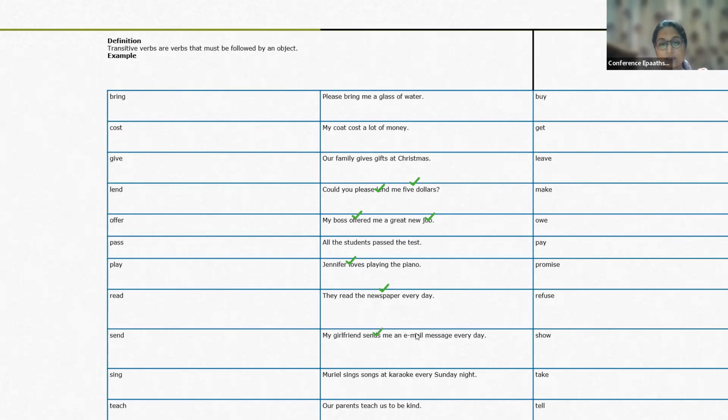Sends what? An email message. So this is the object. Sing. Muriel sings songs at karaoke every Sunday night. Sings what? Songs. So in this way, you have to find out what the transitive verbs are and what the object is.